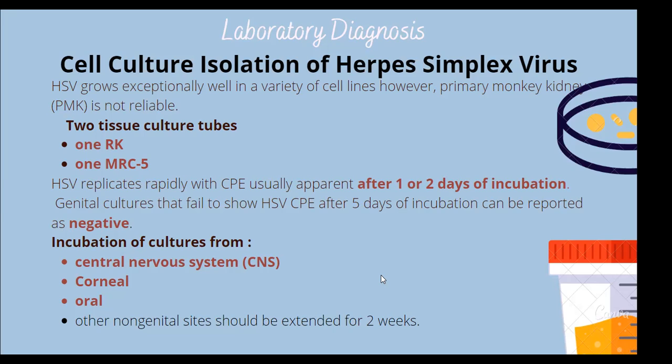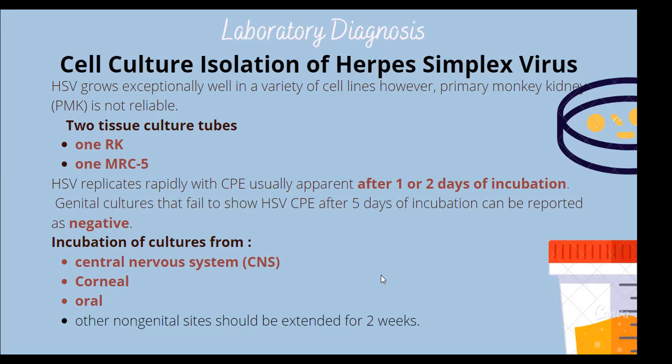HSV replicates rapidly with CPE usually apparent after 1 or 2 days of incubation. Genital cultures that fail to show HSV CPE after 5 days of incubation can be reported. So they must show HSV CPE within about 1 to 4 days of incubation. If it failed to show within the 5 days, it must be reported as negative.